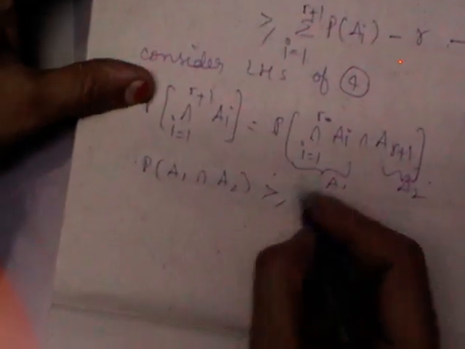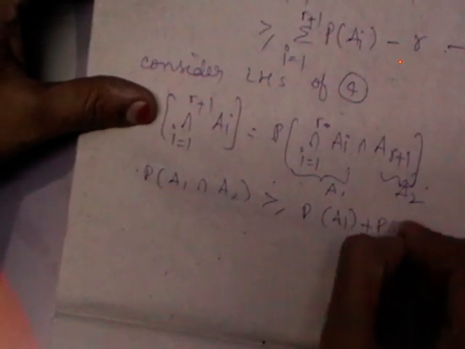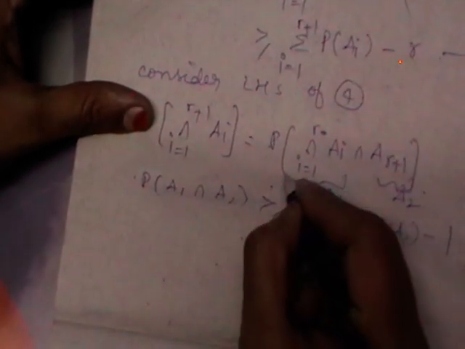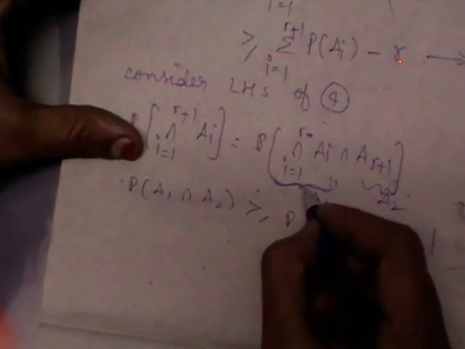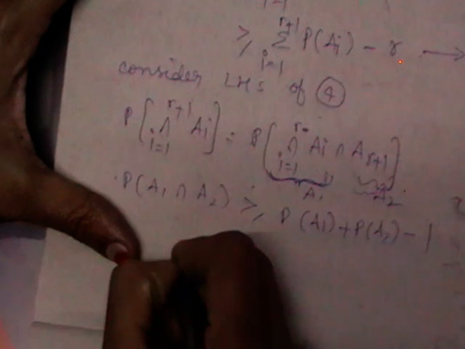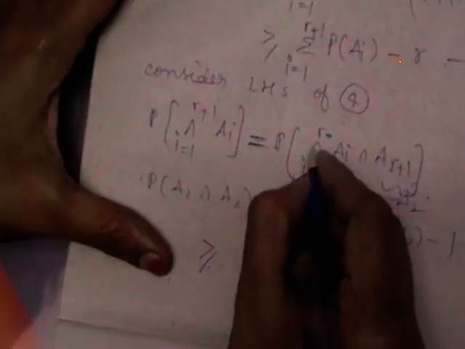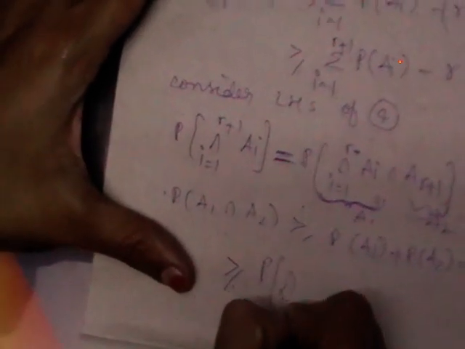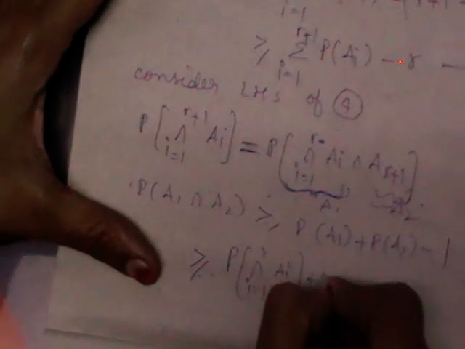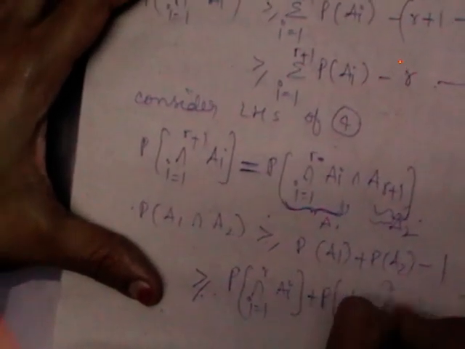Just now in equation number 3 we proved that p of a1 intersection a2 is greater than or equal to p of a1 plus p of a2 minus 1. If you consider intersection i is equal to 1 to r of Ai in place of a1 and A(r plus 1) in place of a2, this becomes greater than or equal to p of a1 plus p of a2 minus 1.